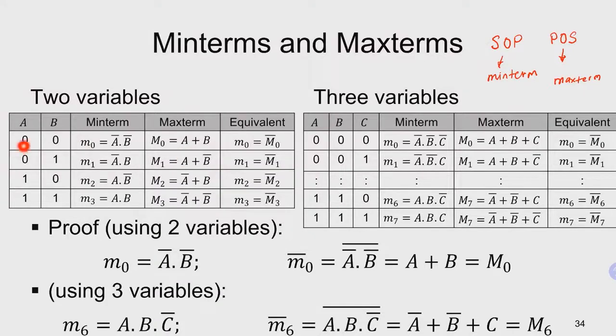For A and B both 0, the maxterm is A plus B, and we call that with a capital M sub 0. And the equivalence of the minterms and maxterms is that the minterm is equal to the inverse of the maxterm.